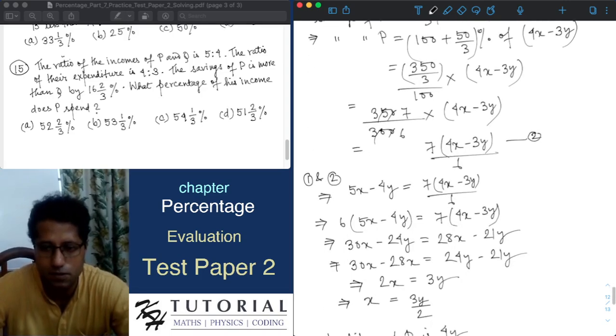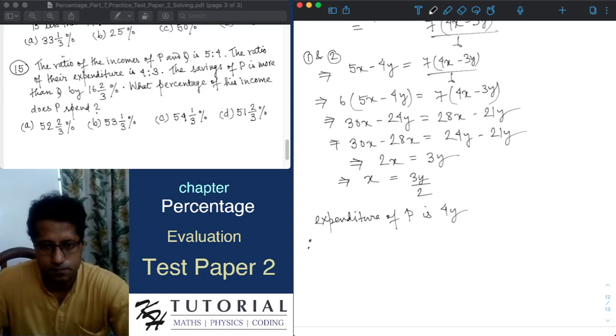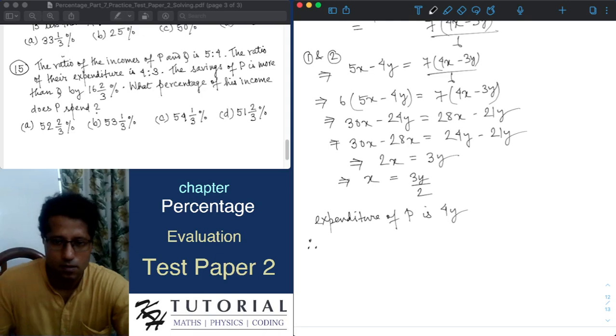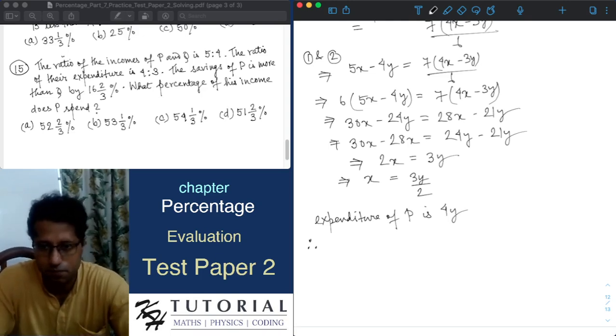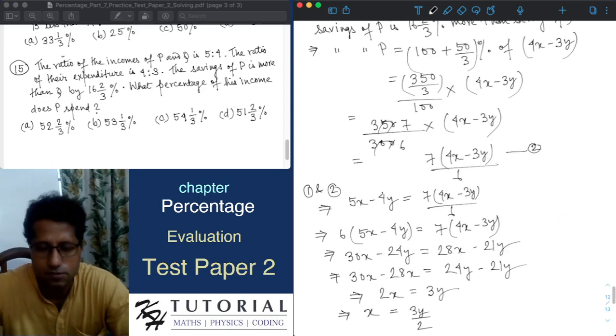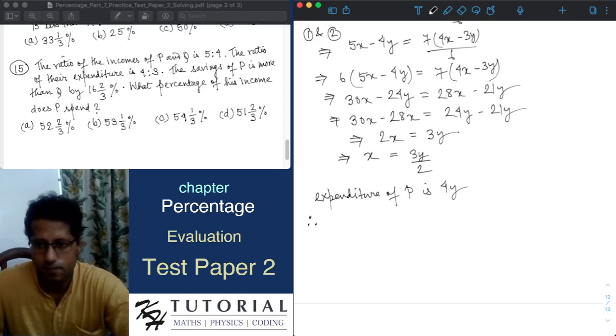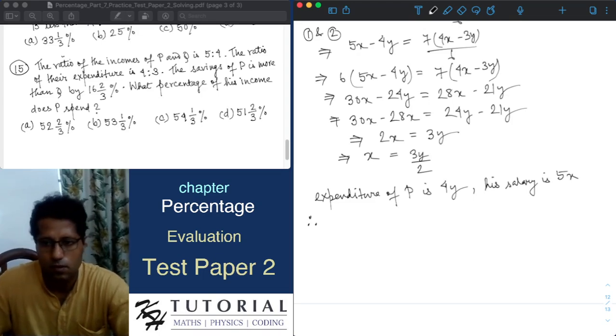So the expenditure of P is 4y. Therefore, it is asking what is the percentage of this expenditure of P, that is 4y, based on its salary. And P's salary is 5x. Expenditure of P is 4y. His salary is 5x. Therefore, we have to find the percentage.